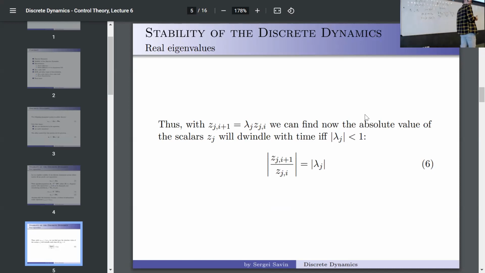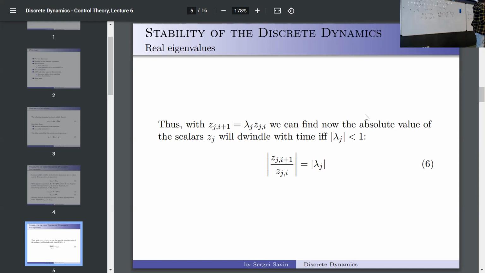Since it is scalar, we can always divide as long as x sub i is not 0. But if x sub i is 0, then x sub i plus 1 is 0, so we don't need to.